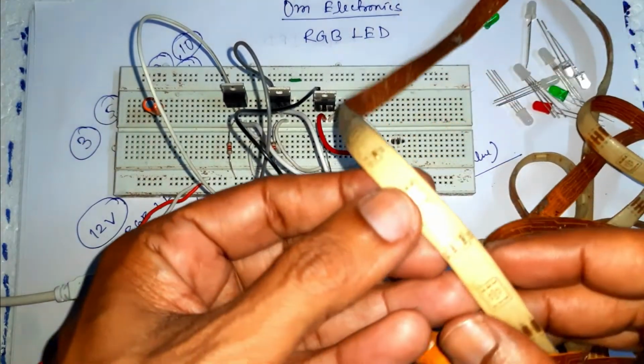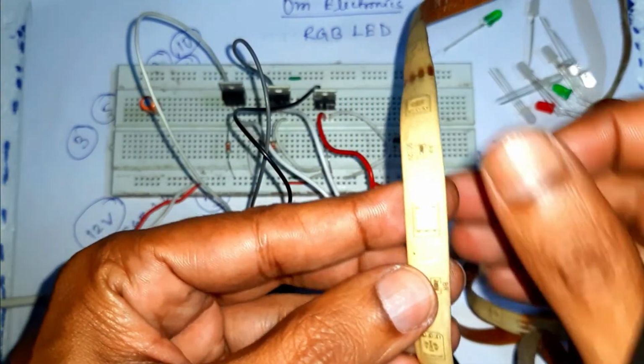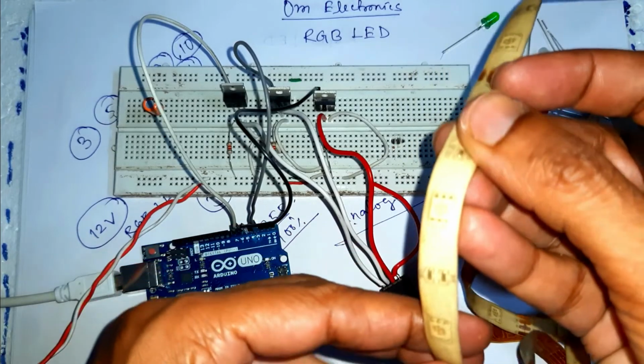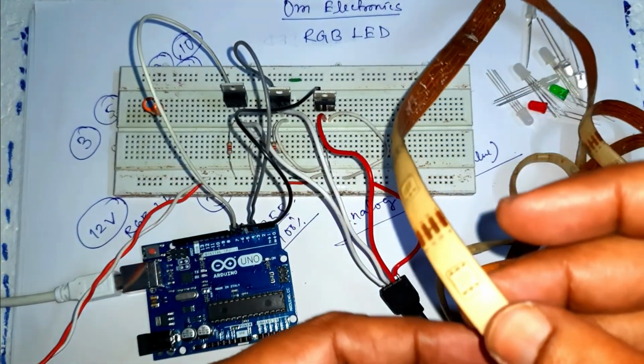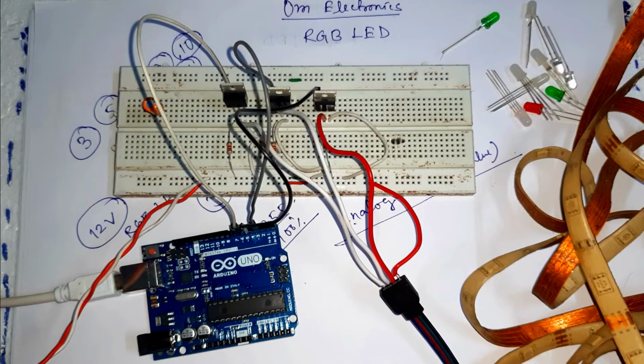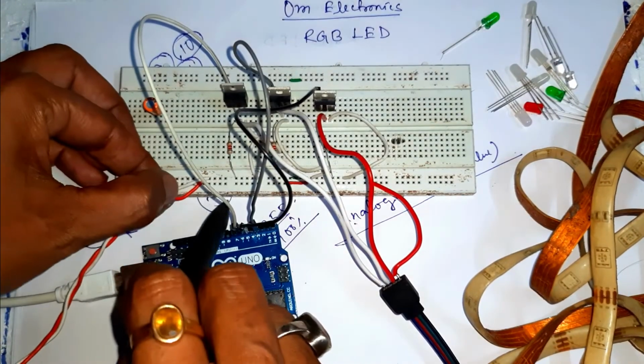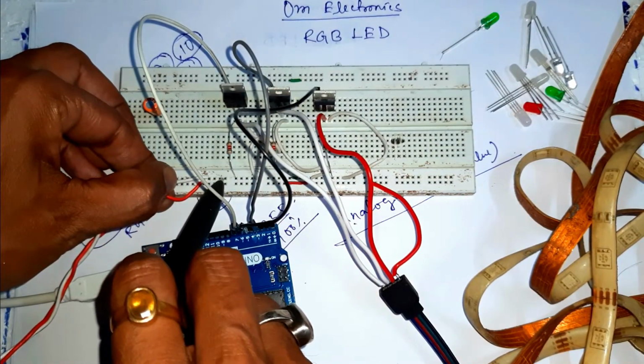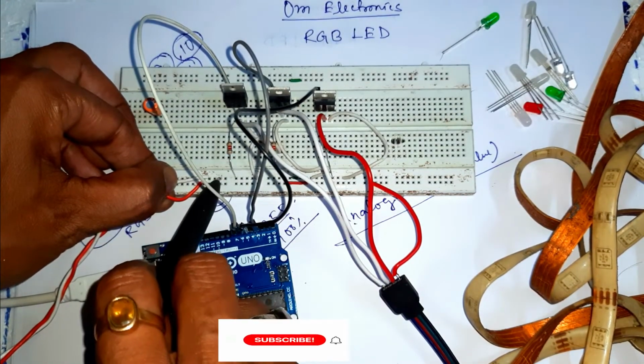And this is the 12 volt LED strip, 5 meter, and this is the 12 volt terminal, positive terminal and negative terminal.